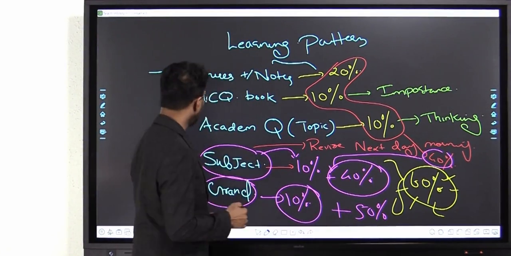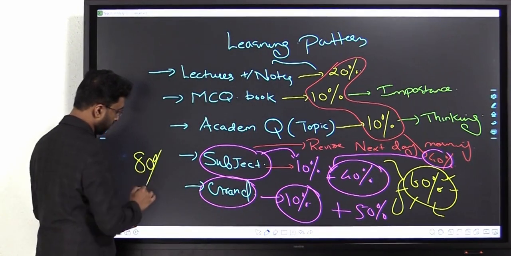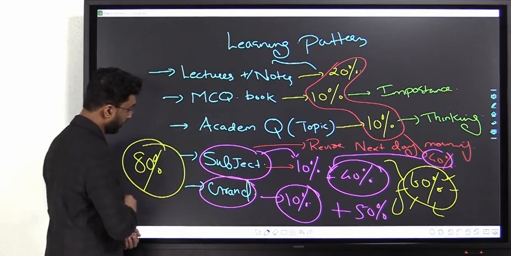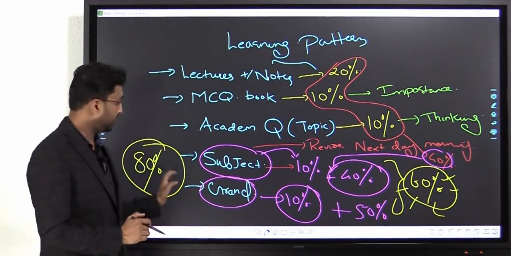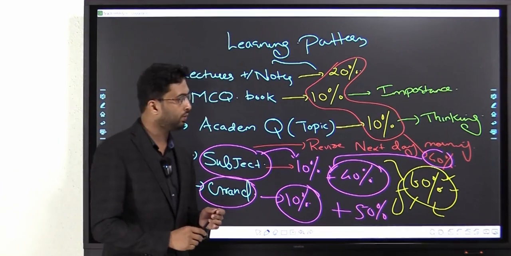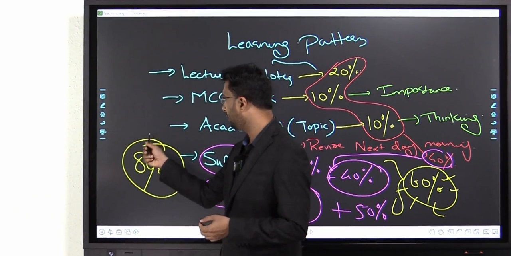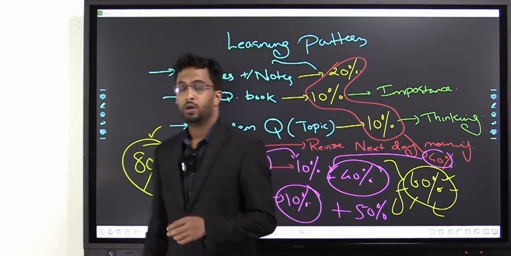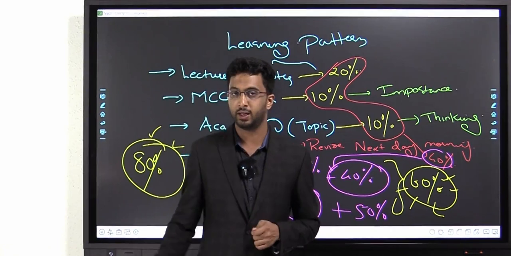Now, you tell me that only 80% of learning? What about the 20? That means I'm competing with big people, and I'm learning only 80%. No, I want 100%. Take 5 years for that. Remember I told you, no student can go for the exam having completed all the syllabus.